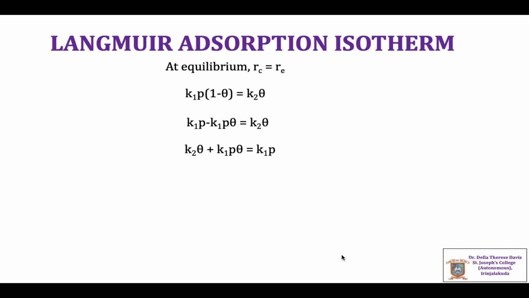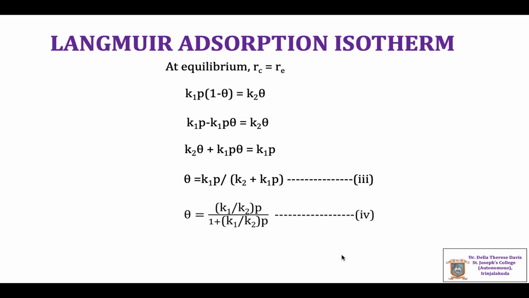Rearranging the equation, we get K2 theta plus K1P theta is equal to K1P. From this equation, theta can be written as K1P divided by K2 plus K1P. Or theta is equal to K1 by K2 into P divided by 1 plus K1 by K2 into P.